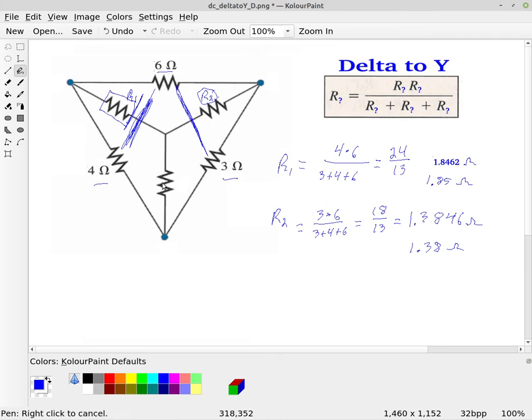And then finally, we'll take this one here, which I'll call R3. We're going to take these two resistors, so it's going to be 3 times 4 divided by the 13. That would be 12/13.